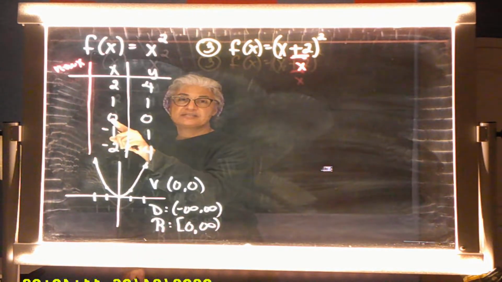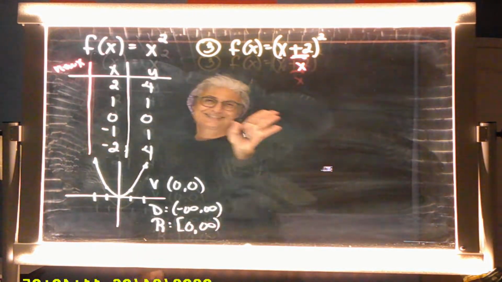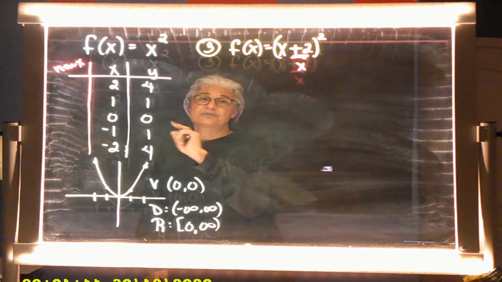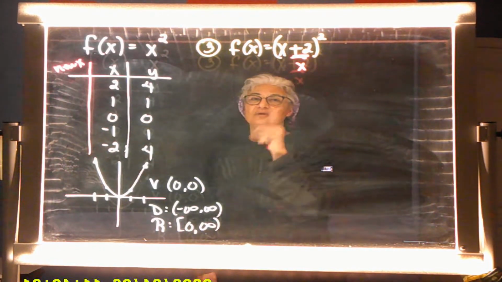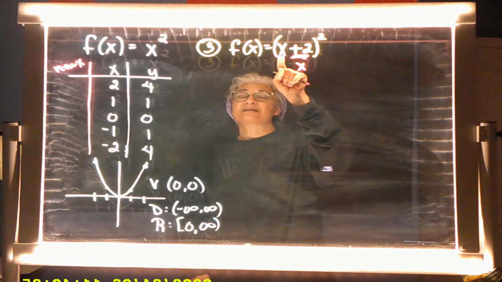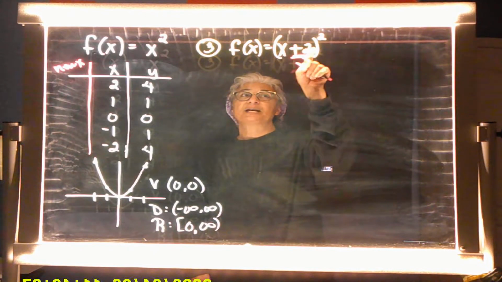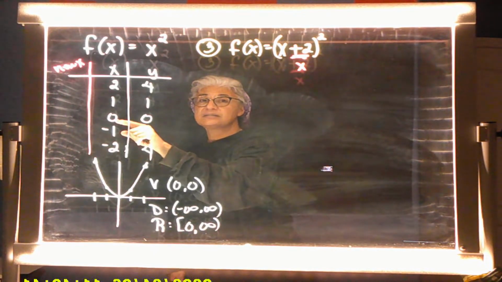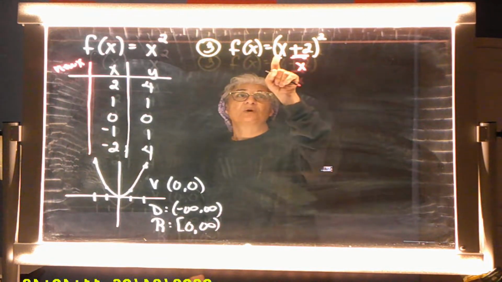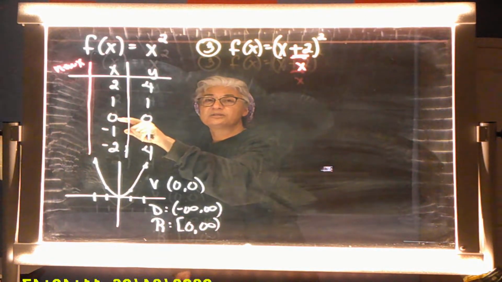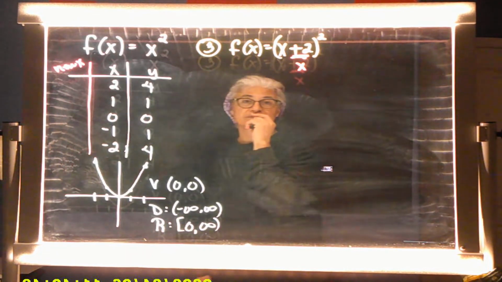I'm going to start with this 0 because that's the easiest number to work with. I know when I plug in 0, I get 0. Yes? Okay, I need to find a new x that when I plug it into x plus 2, it gives me 0. So what number plus 2 will give me the original x of 0?